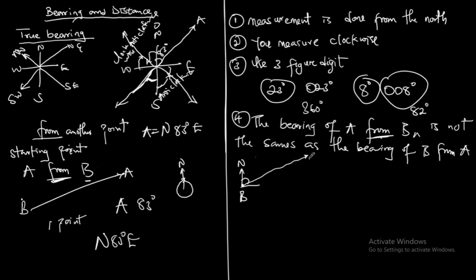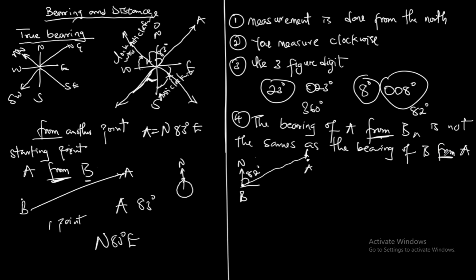So this is where my point A will then be, because the measurement has to start from point B, which measures towards point A. So this is my 82 degrees. Although it is the bearing of A, which is 82 degrees, because the measurement was taken from B, it is not the same as the bearing of B from A.